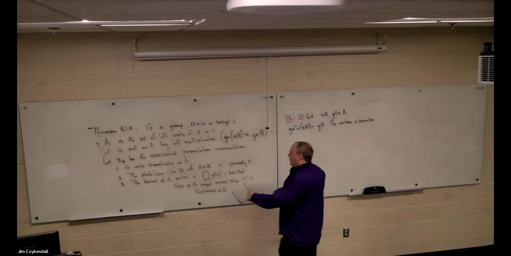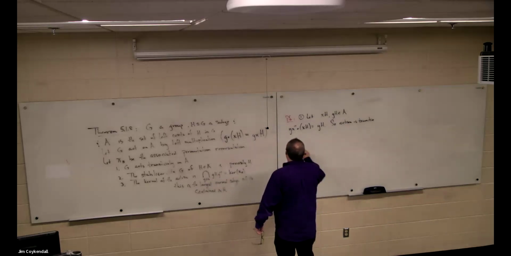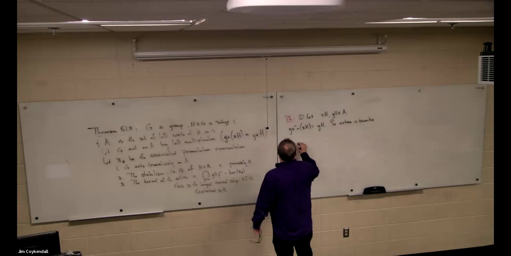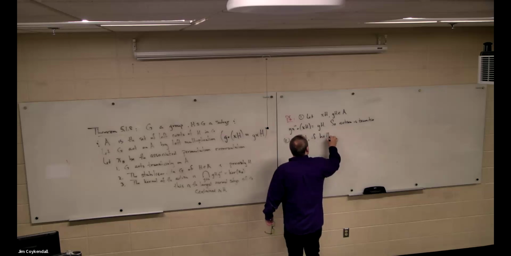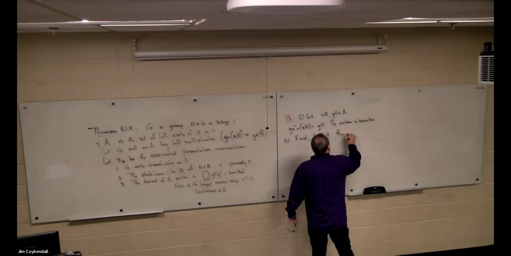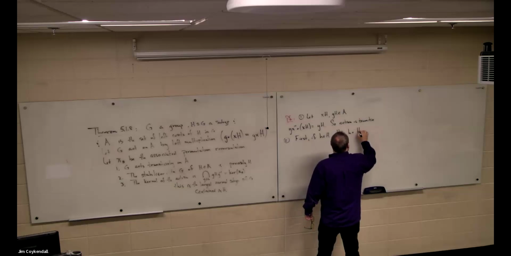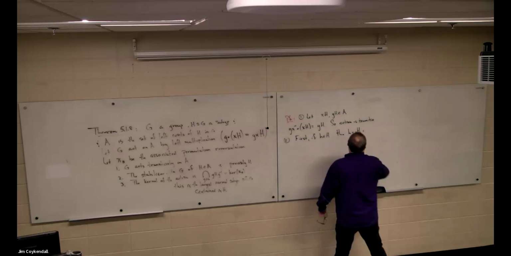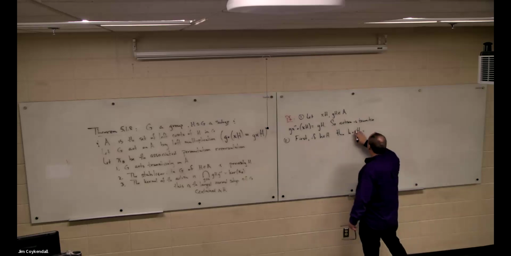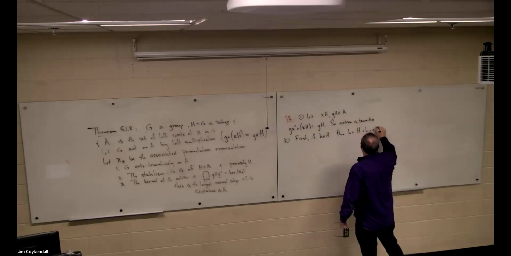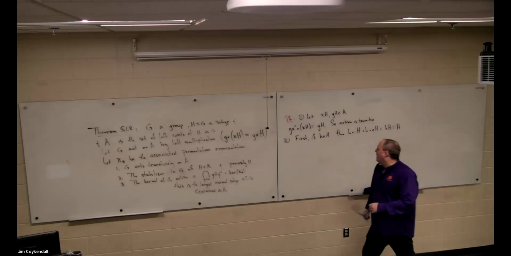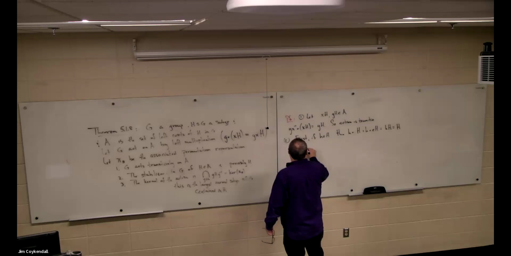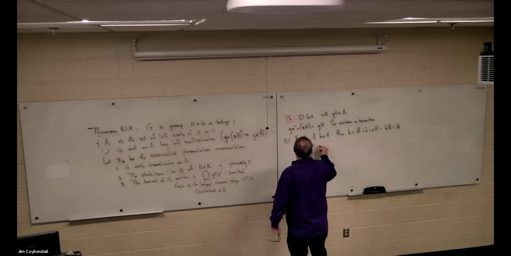Number two, the stabilizer in G of this coset is precisely H. Well, first, let's notice that if h is in H, then h acting on H, and I'll put eH there, for mathematical purposes, is hH, which is H. So H is contained in the stabilizer.